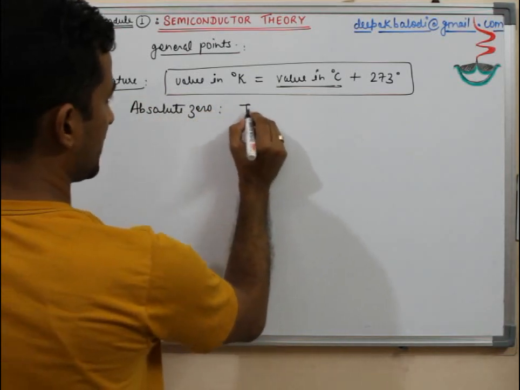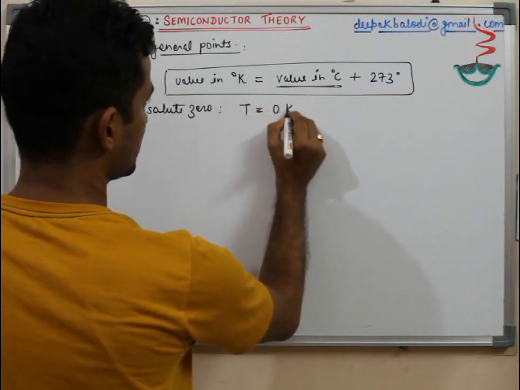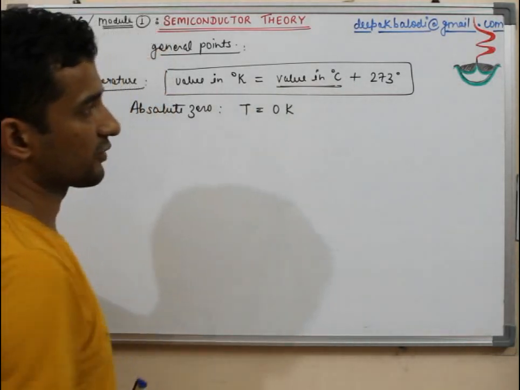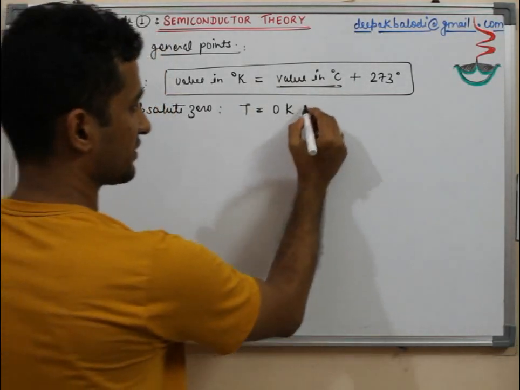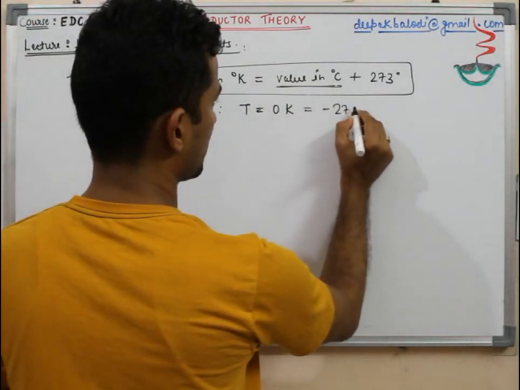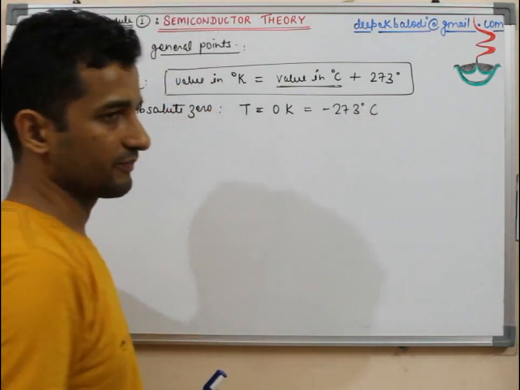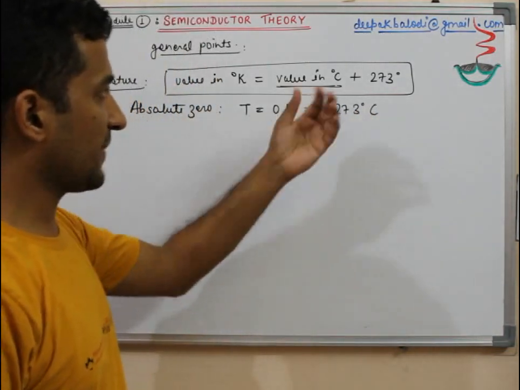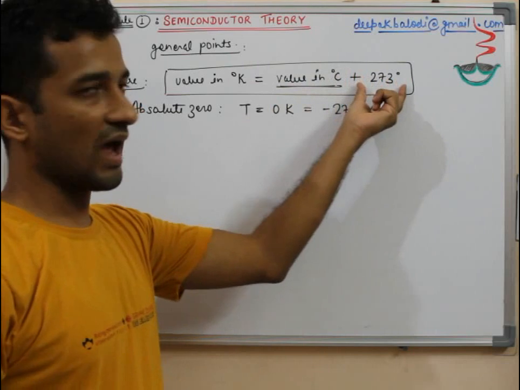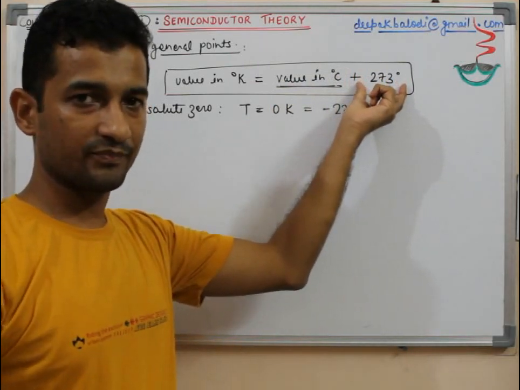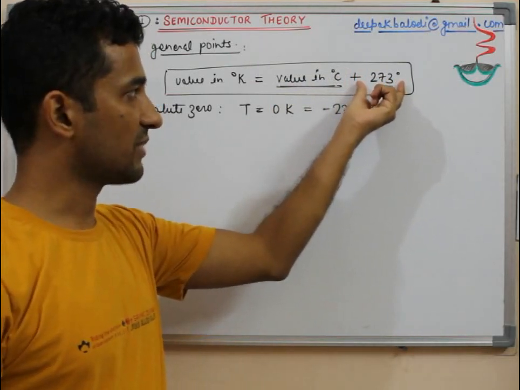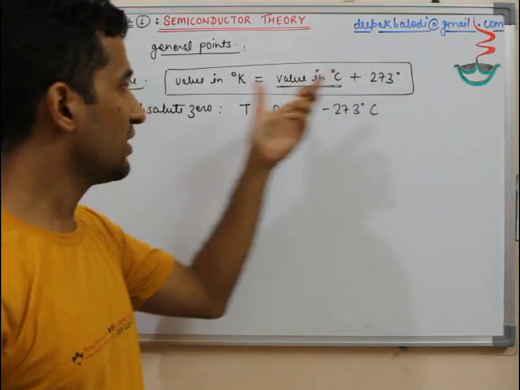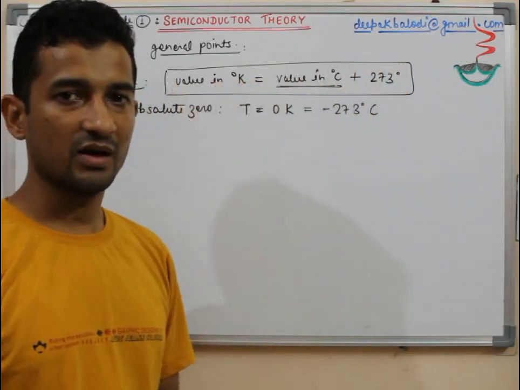Absolute zero means temperature is equal to 0 Kelvin, and if we calculate from this formula, then this comes as minus 273 degrees centigrade. So any value in centigrade, if added with the offset value of 273, we get the value in degree Kelvin.